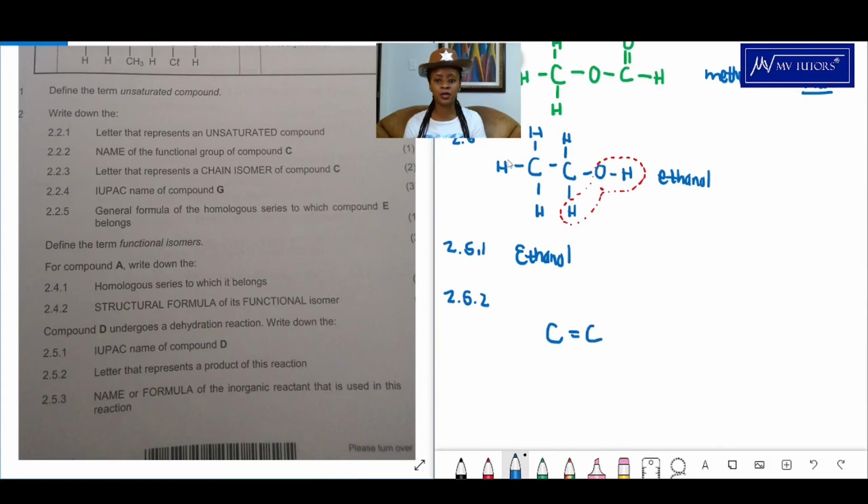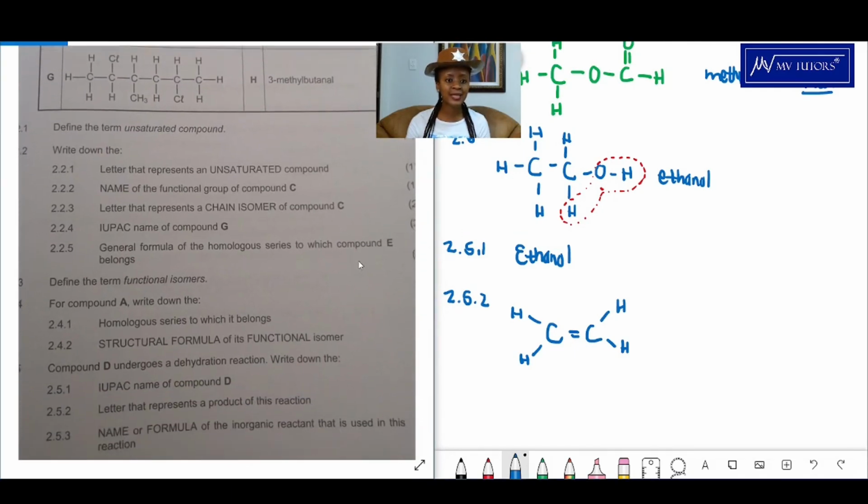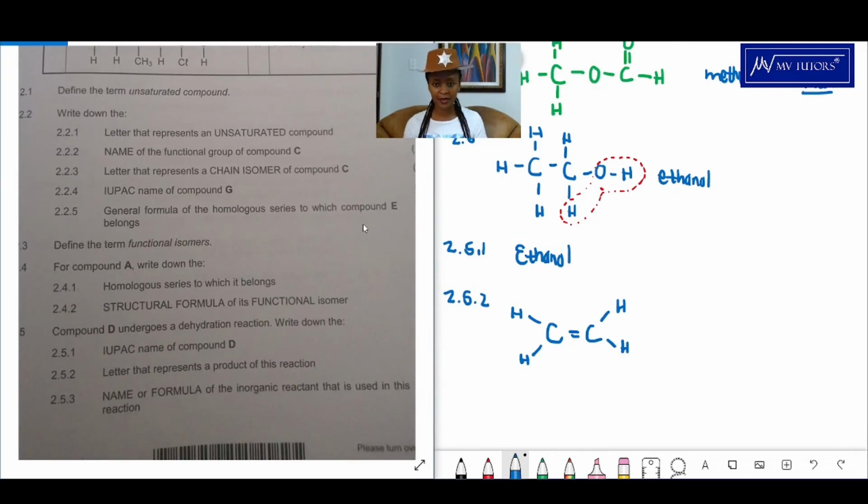There'll be a double bond. You have H there and H there, so you're left with only 4 hydrogen atoms, and it's a double bond, something like this. So the letter that represents a product of this reaction, we had a theme somewhere, would be E.